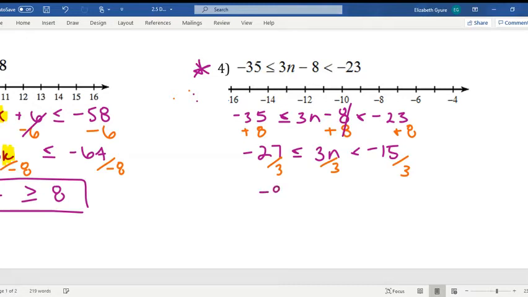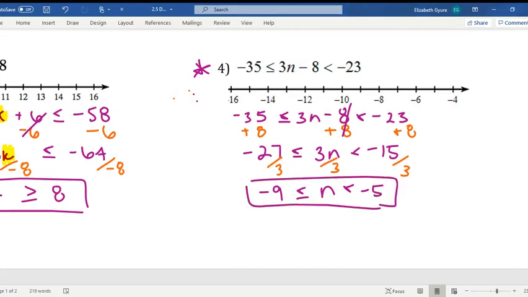Correct, -9 is less than or equal to, you'll just have your n in the middle, is less than, and then Nick, what is -15 divided by 3? -5. And there's your final answer.